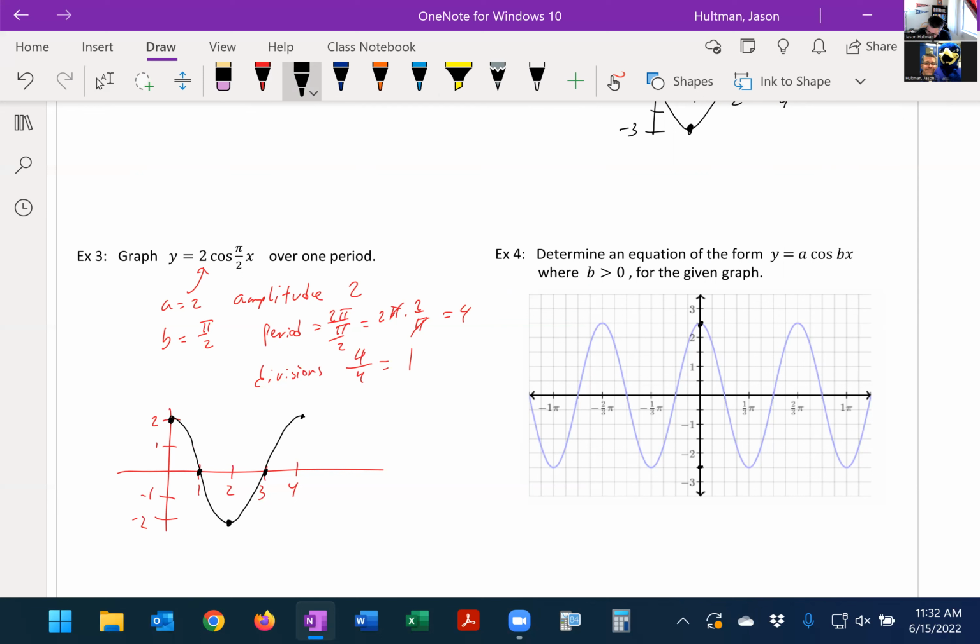So the period ends up being 2 pi over 3. If the period is 2 pi over 3, and I know that the period is supposed to be 2 pi over b, then what is b in this case? Well, b is equal to 3. So we know that the function should be y equals 2.5 cosine 3x.